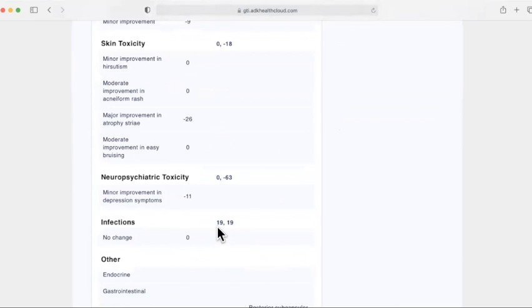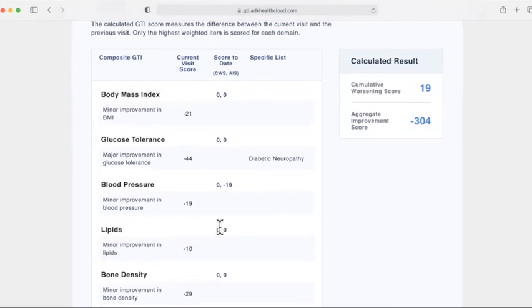But overall, the patient has had a remarkable decline in her steroid toxicity over the course of the trial. And that is reflected in the aggregate improvement score of minus 304. So wonderful improvement shown over the course of the trial.